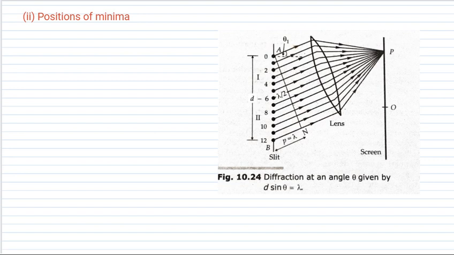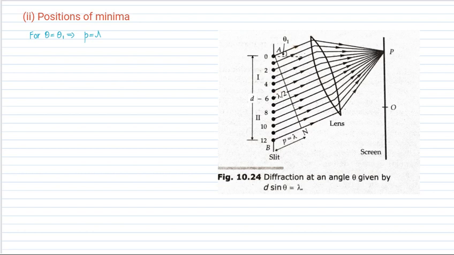Suppose the light which is produced is diffracted at an angle theta 1. When the light is diffracted at an angle theta 1, it produces a path difference of lambda. So at that point, you divide the slit into two halves, and at the sixth position, the path difference will be lambda by 2.